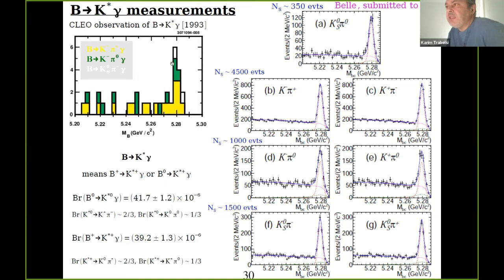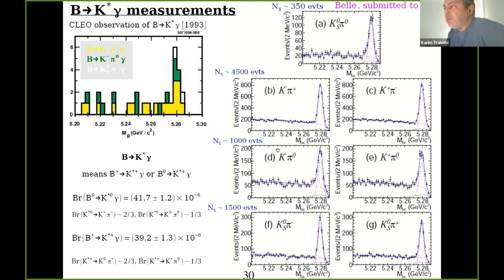And here you can see that the few events you have today correspond to several thousand events. And this time you see the different final states I mentioned: the K minus pi plus, the K minus pi 0, and the K short pi plus, with a ton more statistics, and also other final states like K short pi 0, which will be particularly interesting to study CP violation, since you have a K short pi 0 gamma in the final state.